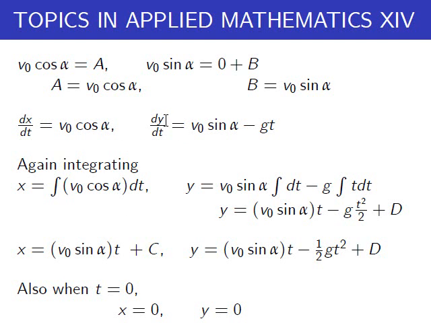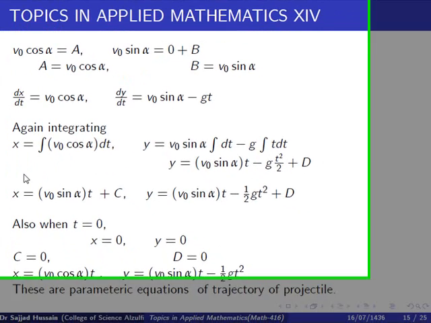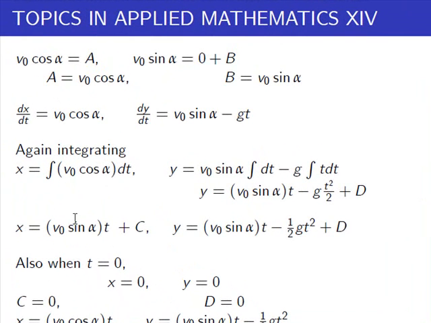For the other equation, we integrate: y is equal to v naught sin alpha integral dt minus integral g t dt, which is v naught sin alpha t minus g t square by 2 plus d. Now again there are two constants: for the first equation the constant of integration is c, and for the second equation it is d.